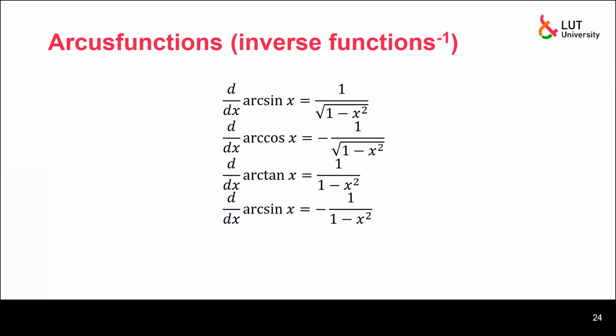So the final one is the derivative of arccot x is minus 1 over 1 plus x squared. Okay, brownie points, no one caught that last year.